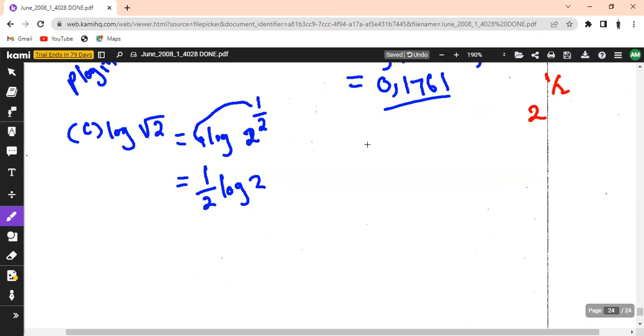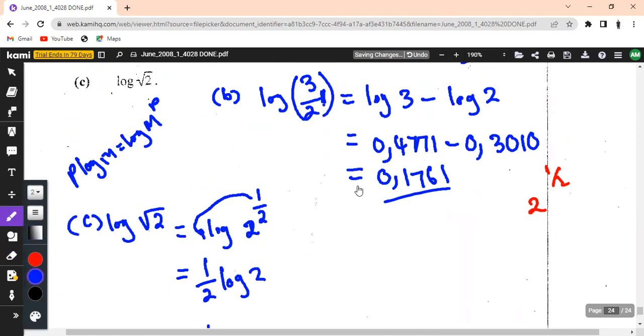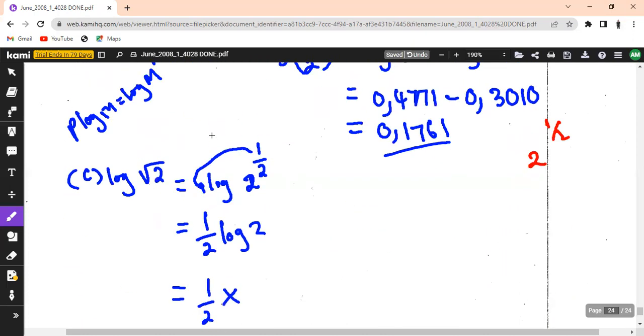So let's substitute whatever we are given here, which is going to be half times log 2. We have got the value of log 2 from this information, which is 0.3010. Okay, so that's it.